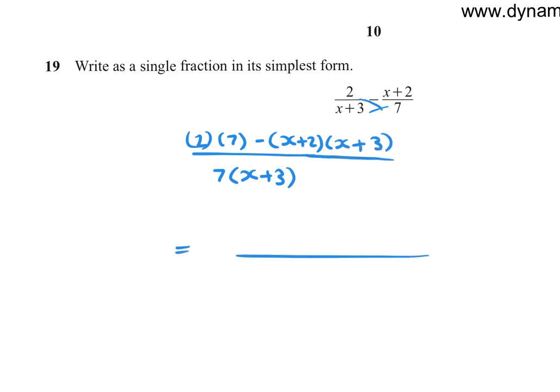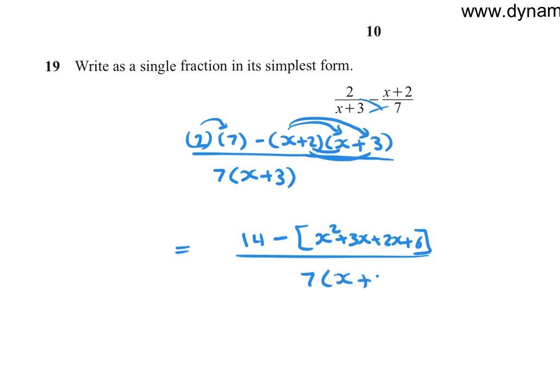Simplify the numerator. 2 times 7 is 14, minus. It's better to multiply first, then subtract. x times x equals x squared, x times 3 is 3x, 2 times x is 2x, and 2 times 3 equals 6, over 7 into x plus 3.